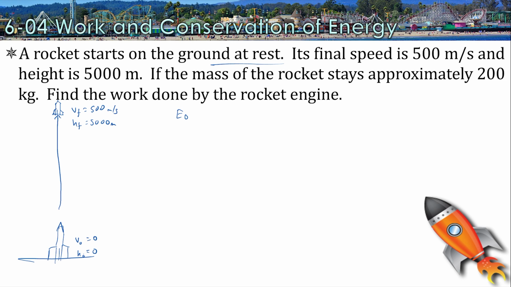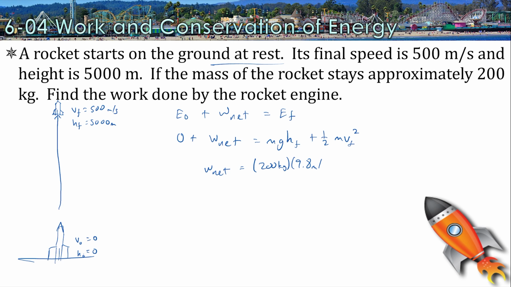All right, so our initial energy plus the net work equals our final energy. Our initial energy, well, it's on the ground at rest, so it doesn't have any. So our net work is going to be, at the end we have potential energy and kinetic energy. So our mass, it says, is 200 kilograms.